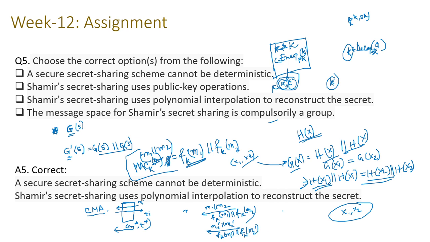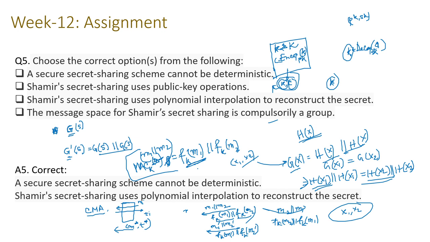Now you can come up with, even with a single query, let's say you are querying with M1, M2 and getting the tag as F_k(M1) concatenated with F_k(M2), then you can generate a tag for M2, M1, right? This will just be swapping the position of the first half and second half. So F_k(M2) and F_k(M1) is a valid tag for M2 concatenated to M1. This is a new message and you have got a valid tag for it, right? So the MAC is not secure.